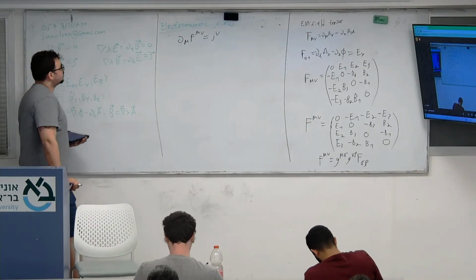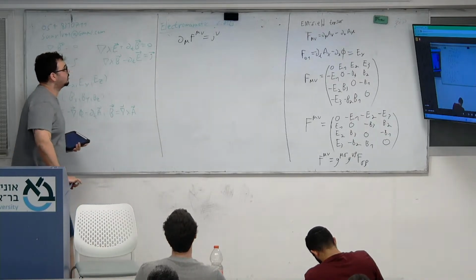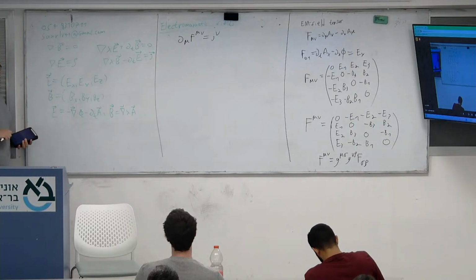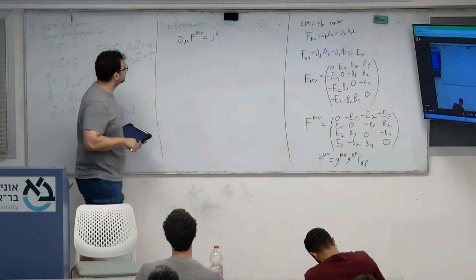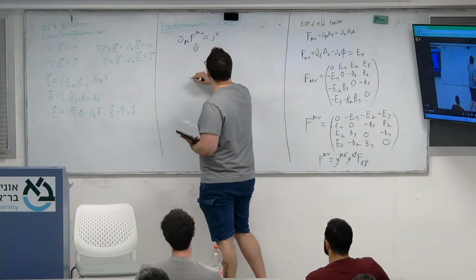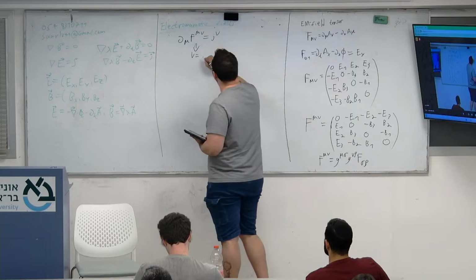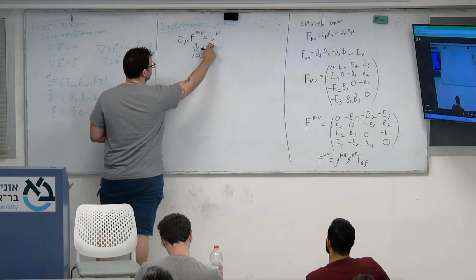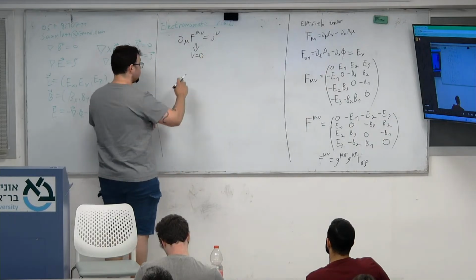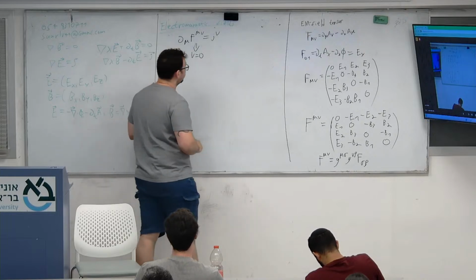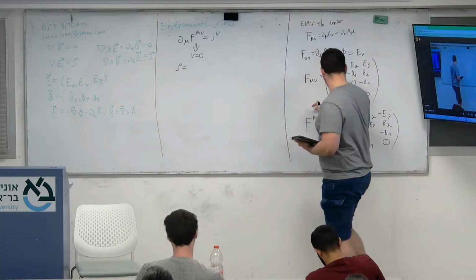Let's do one example here just to make sense of this equation. Let's try to find the electric field inhomogeneous equation. Let's take mu equals 0, and now the 4 vector of 0 will be rho, and now the 0 column will be this.